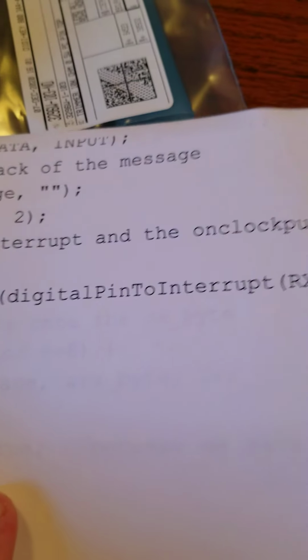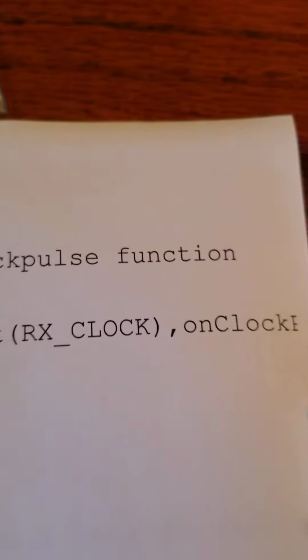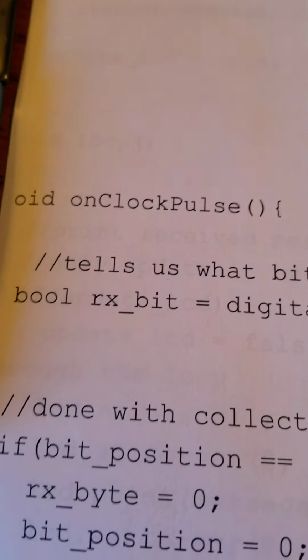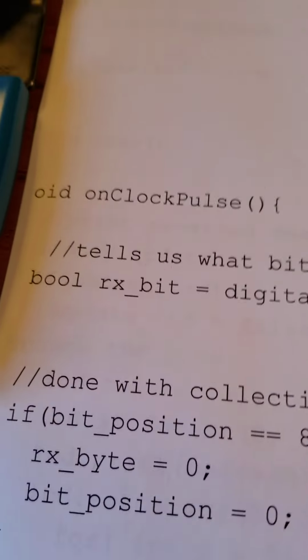So this is probably the really important one. attachInterrupt, digitalPinToInterrupt, RX clock, on clock pulse, rising. So we've got onClockPulse right here, and we're going to call that function, but only if RX clock is going from 0 to 1. That means we got data. So if we did, we go into the pulse, and the pulse now goes through the loop that initially we had in the regular loop.